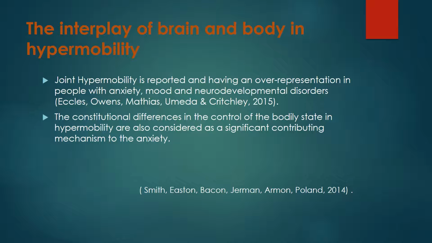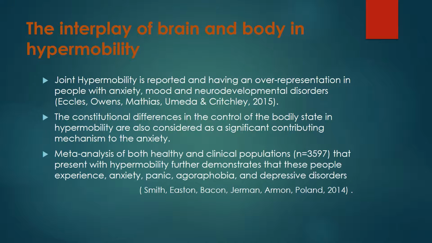The constitutional differences in the control of the body state in hypermobility are also now considered significant contributing mechanisms to anxiety. And the meta-analysis of both healthy and clinical populations that present with hypermobility further demonstrates that these people experience anxiety, panic, agoraphobia, and depressive disorders.